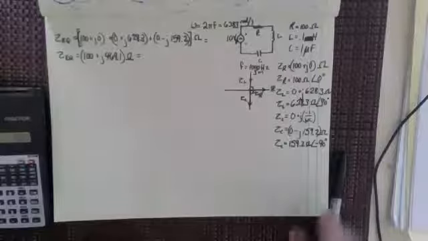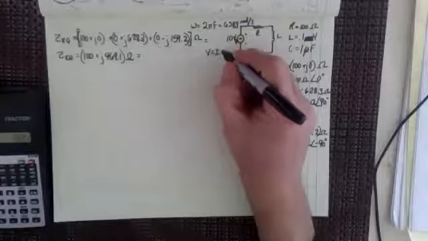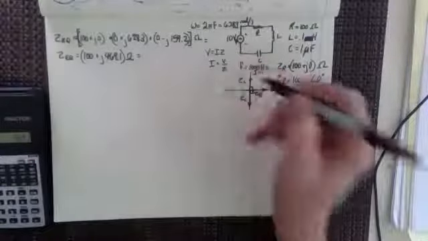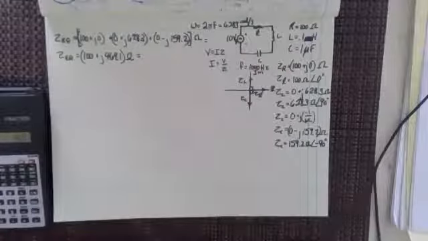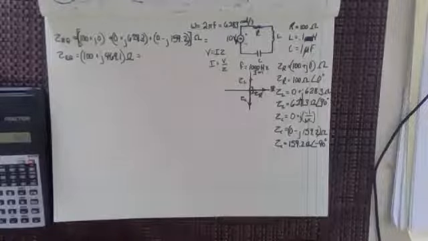Because we're going to have to use that. Let's not forget that V equals IZ, or I equals V over Z. You probably realized I've written that in every one of the videos that we've had so far.